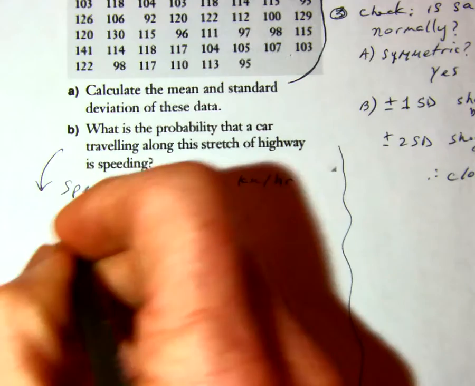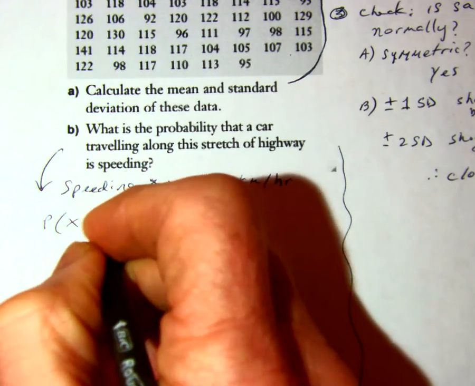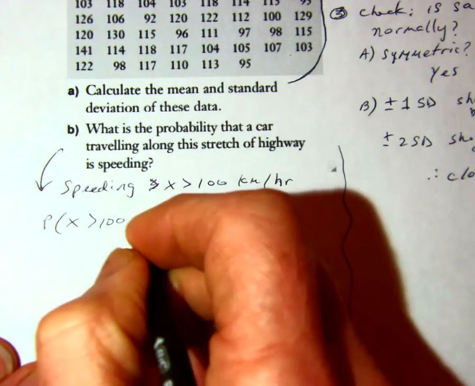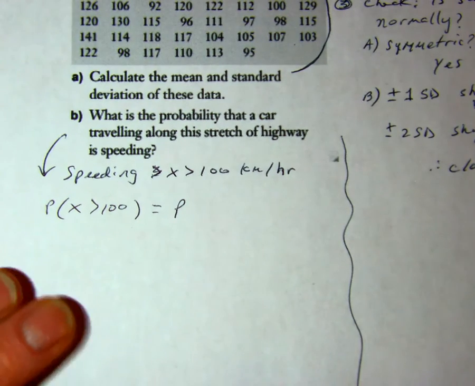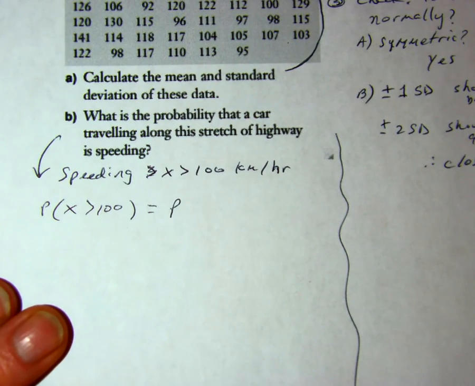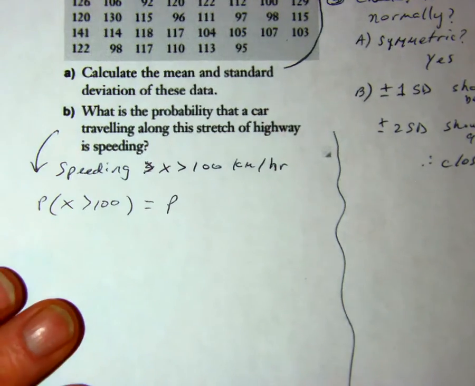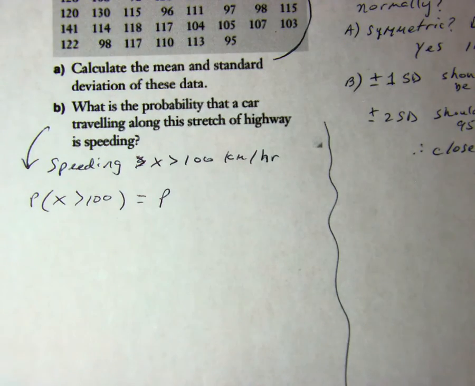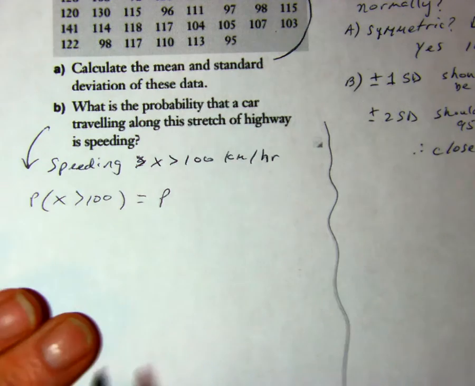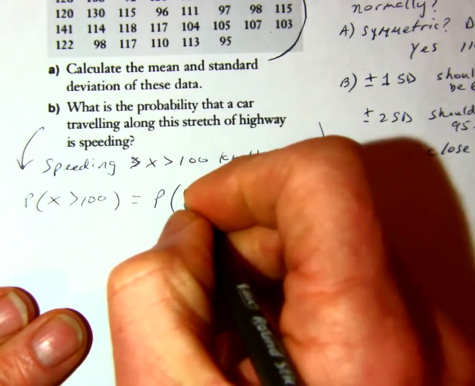So the probability that x is greater than 100 is going to equal the probability. How do we calculate probabilities again? We're assuming it's normally distributed. So how do we do that again? Do we use x values or do we do something else? Z values.